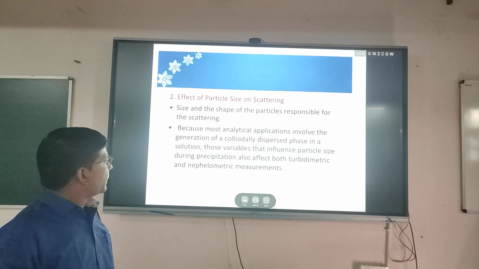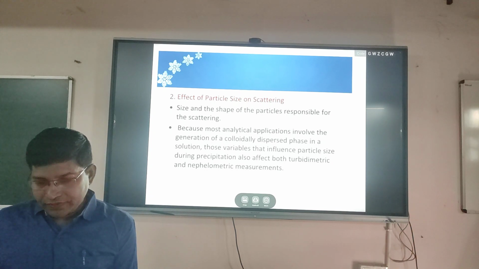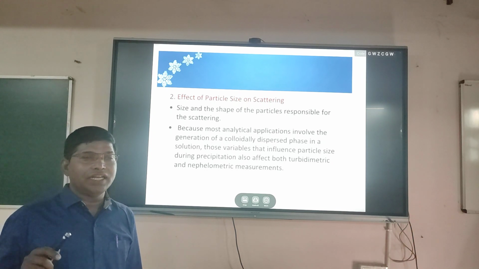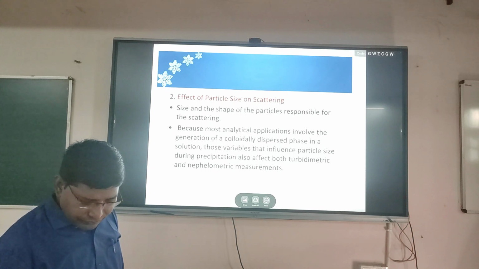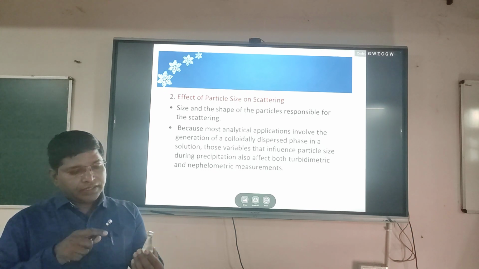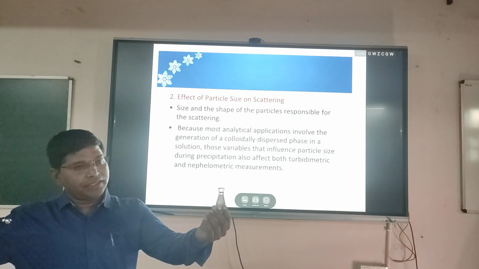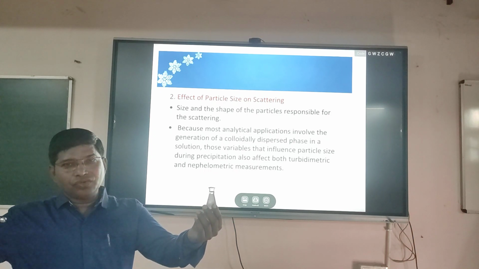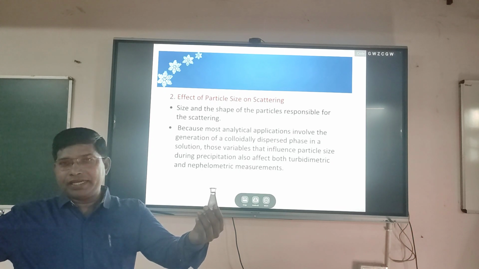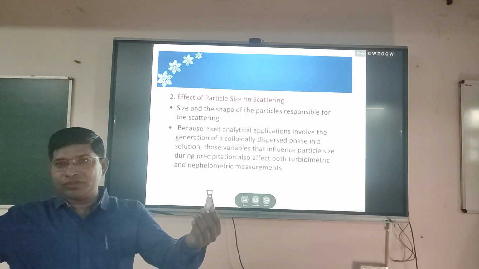One thing we should remember in nephelometry is that the suspended particles should be smaller than the incident wavelength.